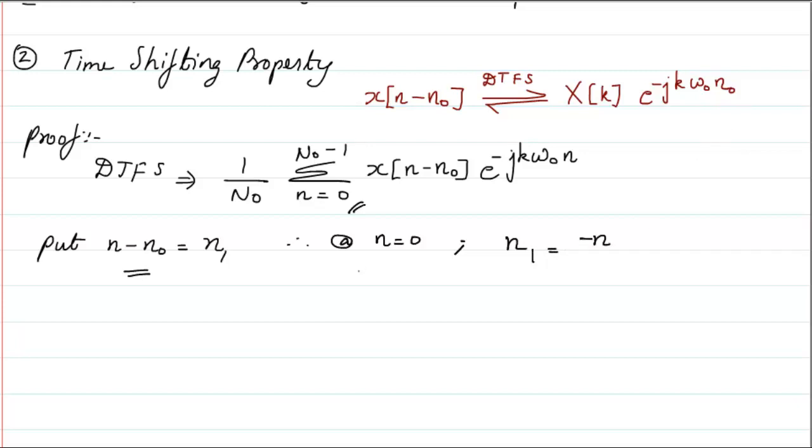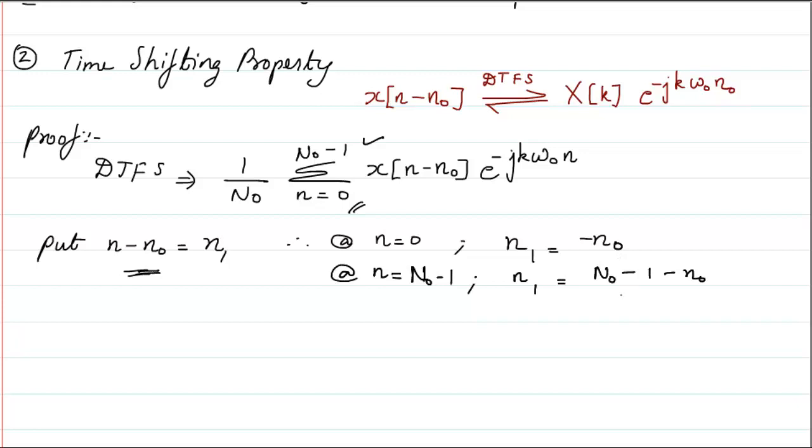And at n equal to the upper limit, that is capital N0 minus 1, if I substitute that value here, I will get the value of n1 as N0 minus 1, which is the value of n, minus small n0. Okay, minus small n0. This one would come as minus n0, sorry.